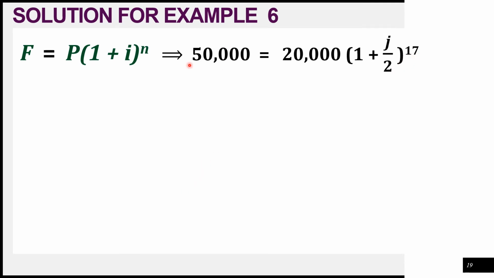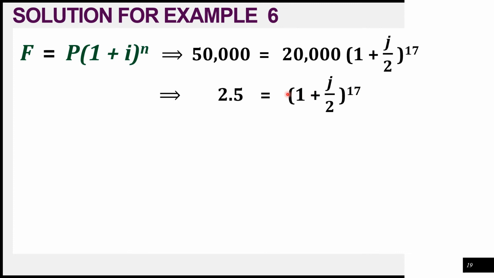Now, to simplify this, all you have to do is divide 50,000 pesos and 20,000 pesos by the smaller number, which is 20,000 pesos. Therefore, we have this: 50,000 divided by 20,000 is equal to 2.5, equals the quantity of 1 plus j over 2 raised to the power of 17.